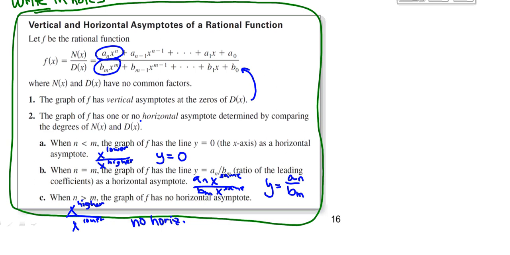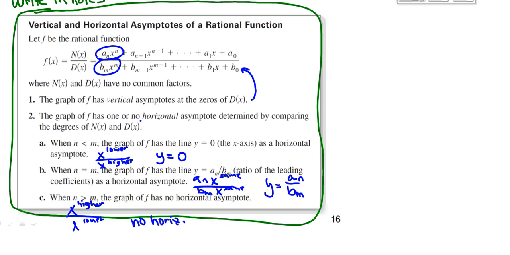So in blue, I have written down how I think of it. If it's x to a lower power over x to a higher power, the asymptote will be at y equals 0. If it's a sub n x to the same power over b sub m x to the same power, then y equals a sub n over b sub m, the leading coefficient over the leading coefficient.